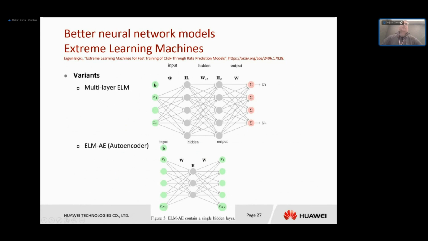There are some variants of extreme learning machines. The multi-layer ELM, which has 2 layers, obtains first W and then WH, to build a more complex model with higher precision. And autoencoder is where we try to model the input as the output.